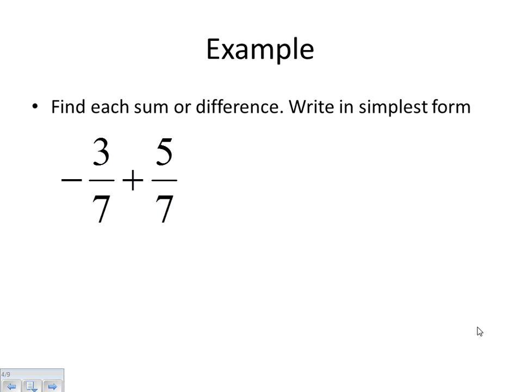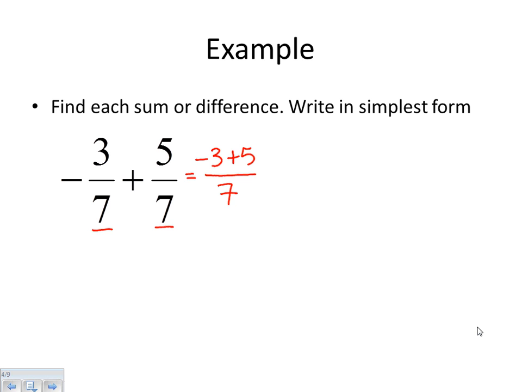It's example time. Go ahead and get this example copied in your notes, please. We'll do this one together. As you can see, this has like denominators, okay? So when they have like denominators, we can simply add the numerators. So I have -3 plus 5 over, and remember we write it over the same denominator, over 7.